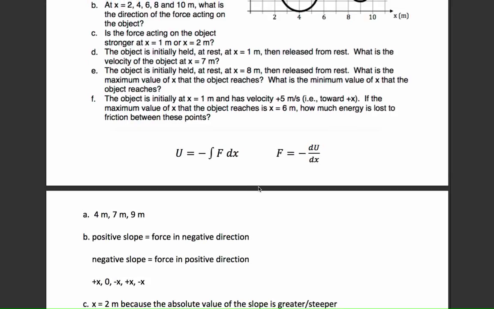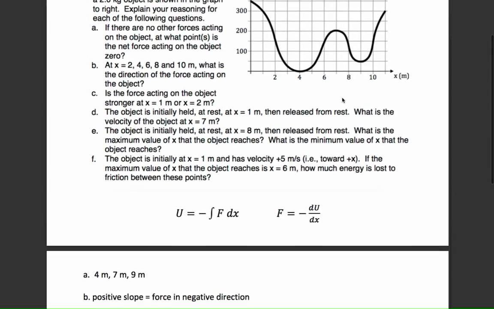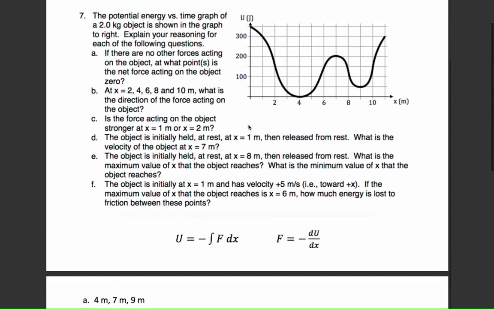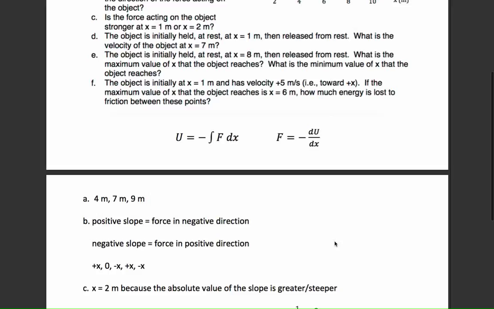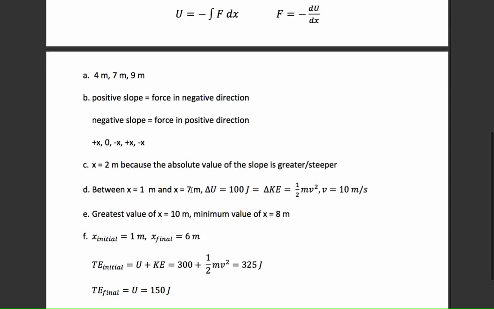Now, question D asks us, the object is initially held at rest at x equals 1 meter and released from rest. What is the velocity of the object at x equals 7 meters? To solve this problem, we're going to find the change of potential energy between x equals 1 and x equals 7.